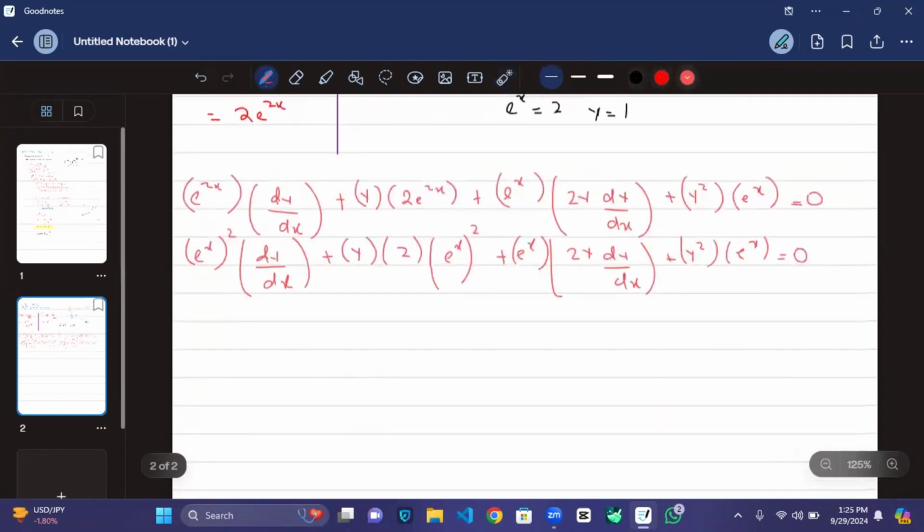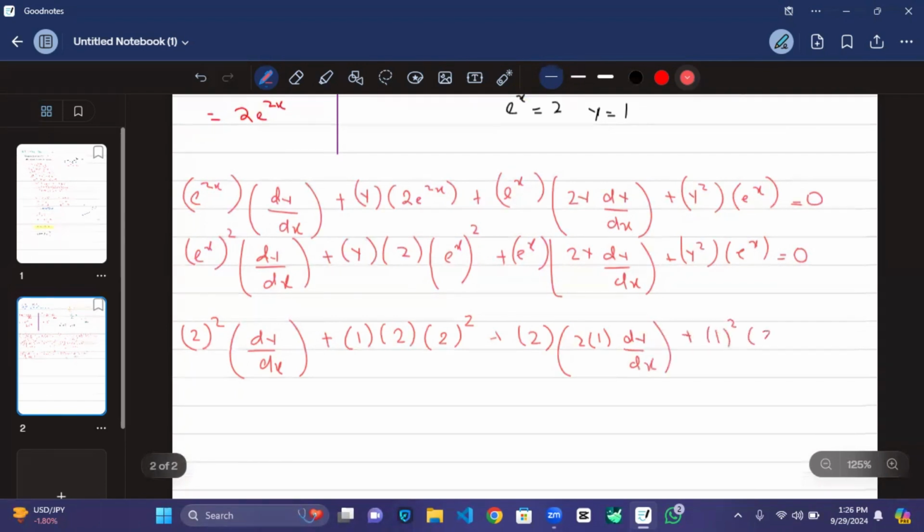So it will become 2 whole square times dy over dx plus y is 1, 2 as it is, and e to the power x whole square is basically 2 to the power 2, plus e to the power x, 2 again, then 2 times 1 as the value of y is 1, then dy over dx plus 1 square and e to the power x is 2, is equal to 0.